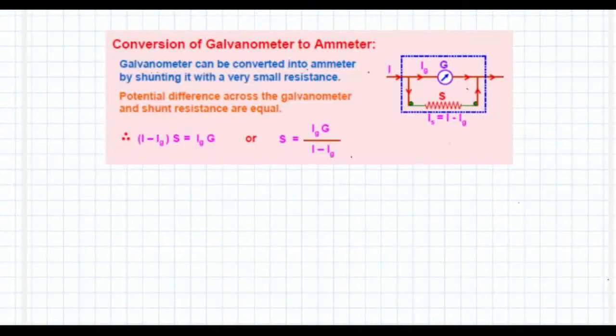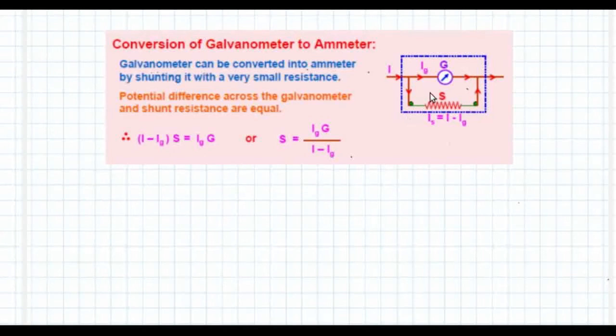Now a galvanometer can be converted into an ammeter. A galvanometer can be converted into an ammeter by connecting a very small resistance, called a shunt resistance, parallel to it.